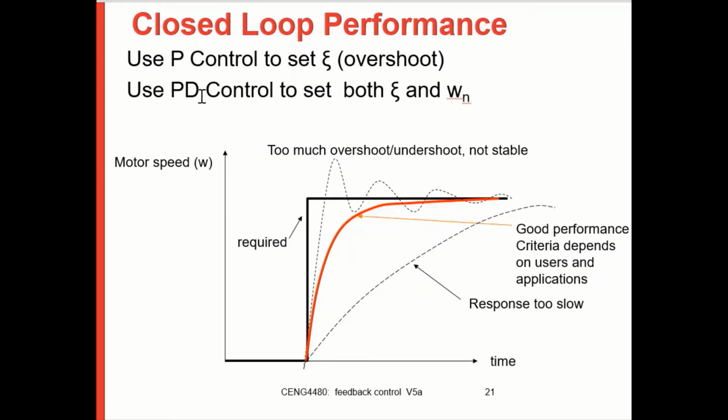So with PD control, we've got complete control. With proportional control, we've only got control over the overshoot and not over the rise time. So then we can get any type of response. We can get a slow response here, a nicely damped response, or a lightly damped response. And we've got control over this by choosing the controller gains. If we know what the transfer function is, we should be able to choose the controller gains fairly accurately.